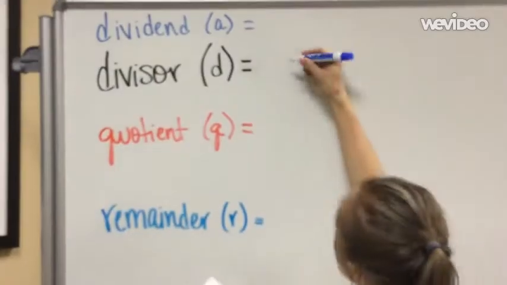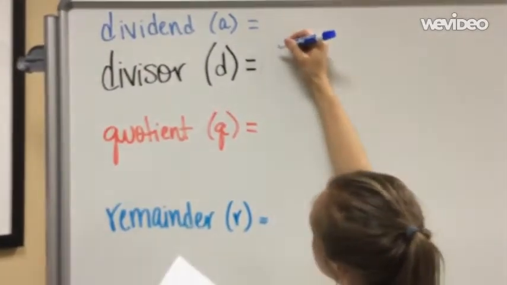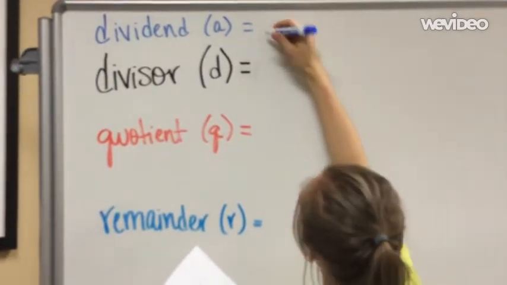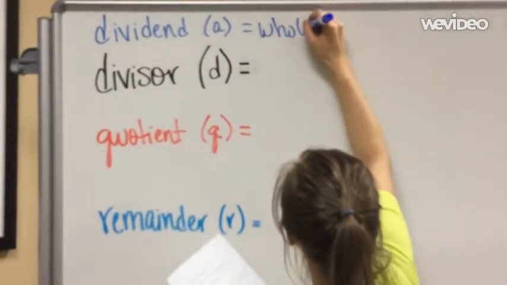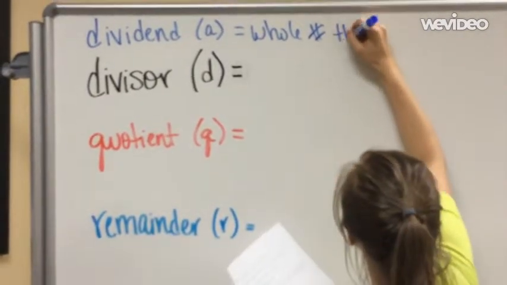Start out with, we are going to go over some vocabulary. First, we are going to define dividend, and a dividend is a whole number that is going to be divided by another number.